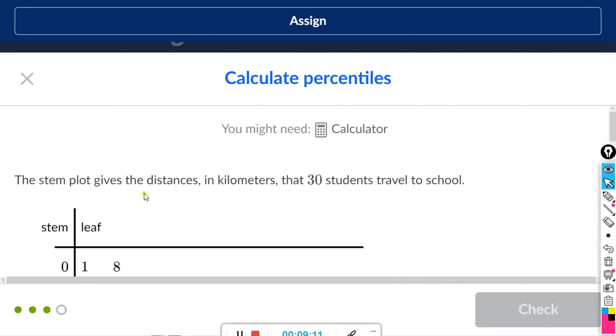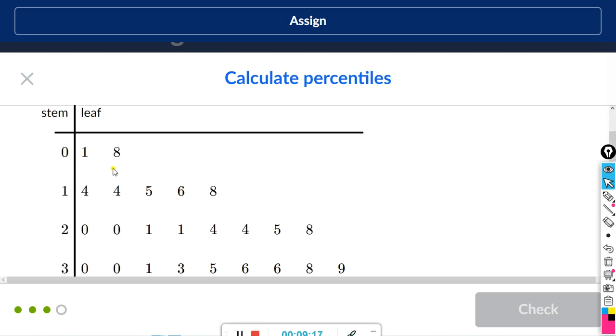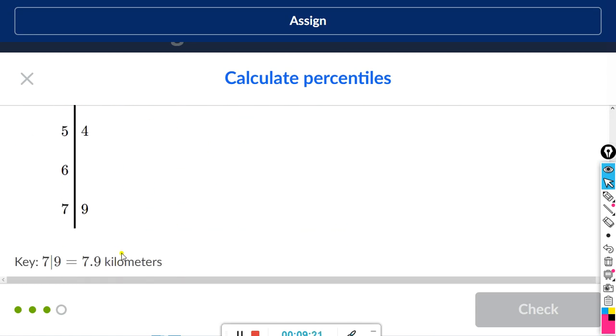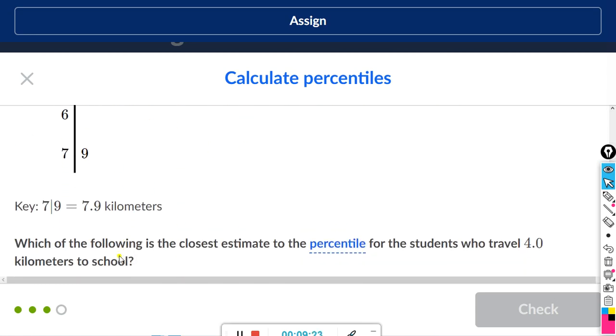The stem plot gives the distances in kilometers that 30 students travel to school. So we have 30 data points in this stem and leaf plot. Which of the following is the closest estimate to the percentile for the students who travel 4.0 kilometers to school? The key says if you see 7|9, that's 7.9 kilometers.